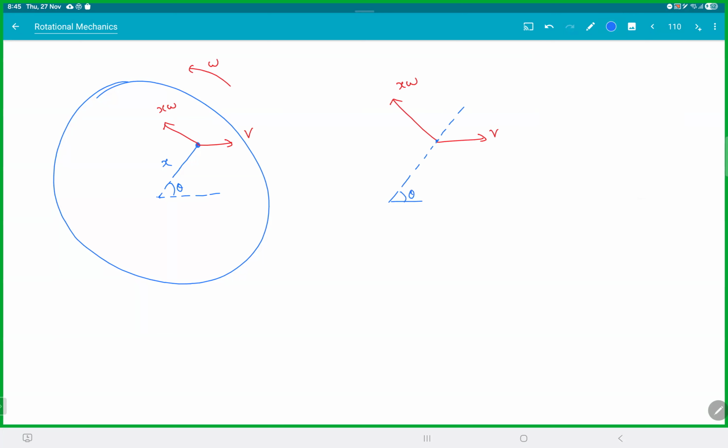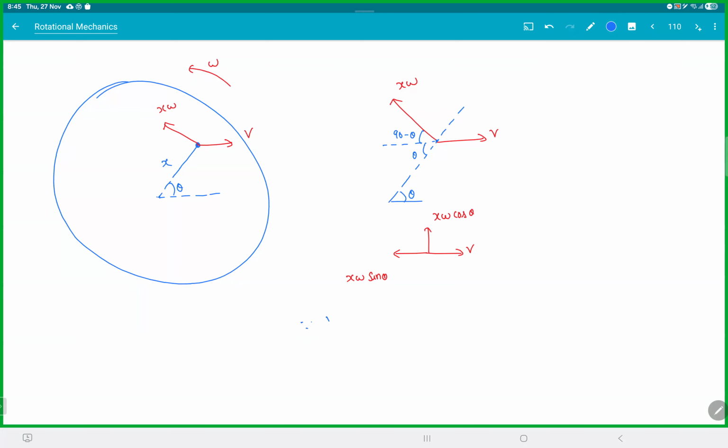This angle was theta. If this is theta, this is 90 minus theta. Remember, the velocity will be perpendicular to the r bar. So now if you resolve the velocities, we have v this way, and we have x omega cos(90 minus theta) and x omega cos theta. It is given in the question that velocity should be in the vertical direction.